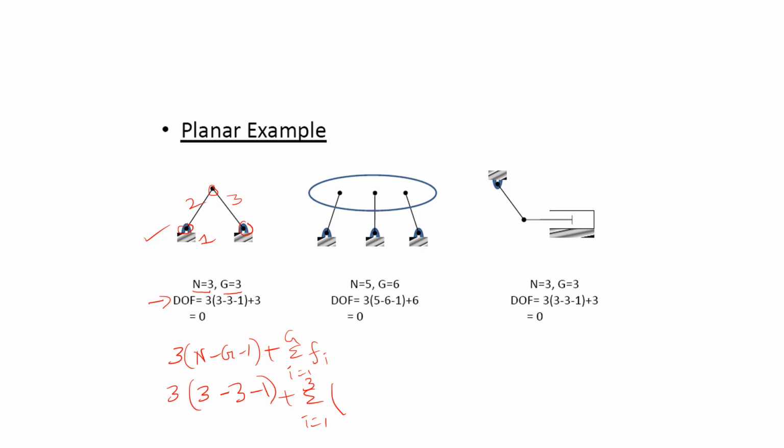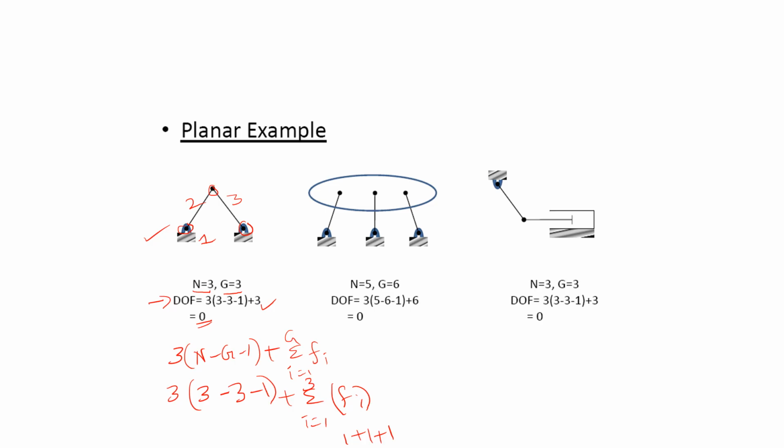All are revolute joints, and as you know, the revolute joint degree of freedom is 1, so it will be 1 plus 1 plus 1, that is 3. So when you solve this, you will get the degrees of freedom to be 0 for this planar manipulator.